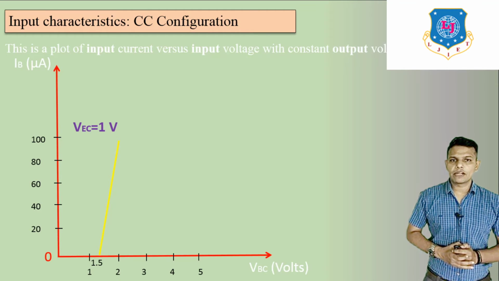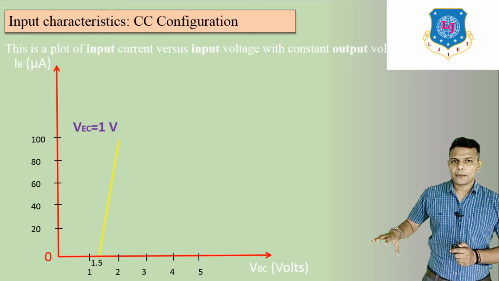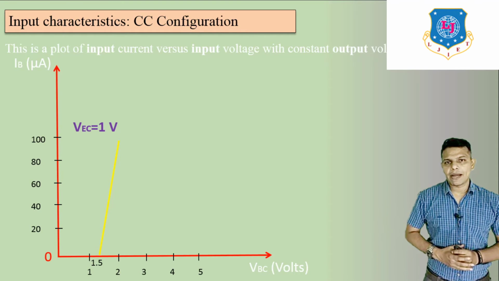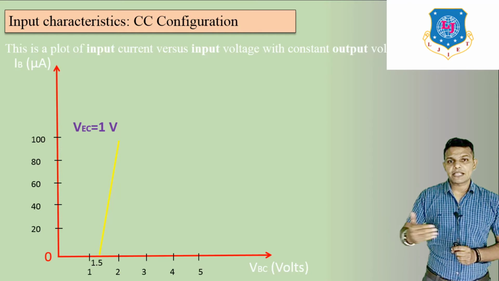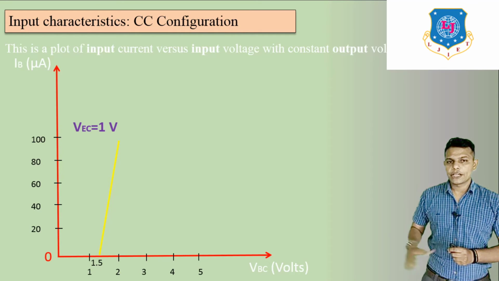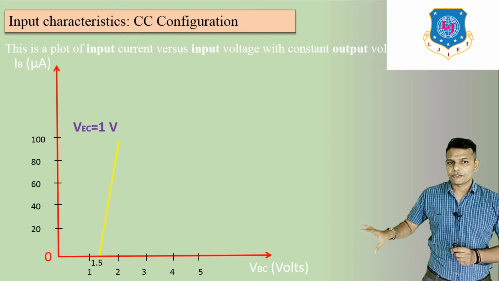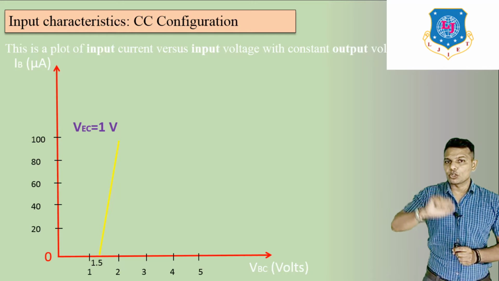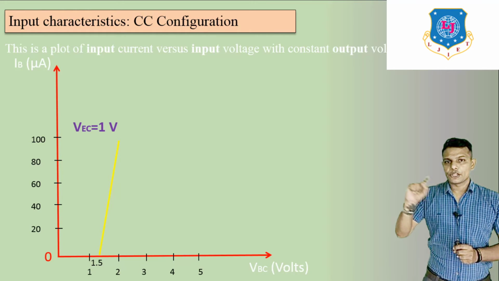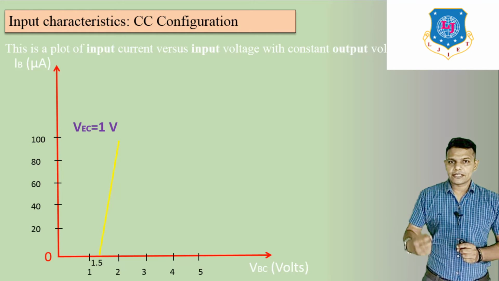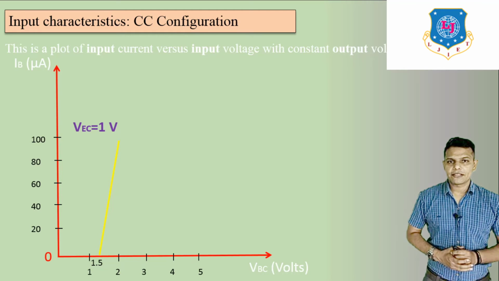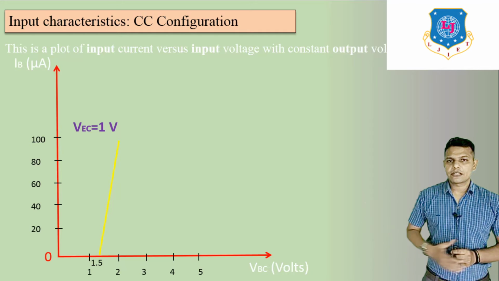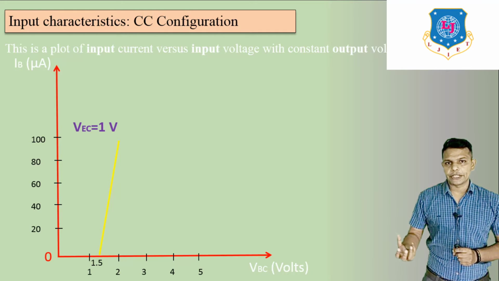VEC is equal to 1 volt because here we have to take VBE in forward bias. Then it becomes an amplifier. So if we increase VBC's value at constant VEC equal to 1 volt, then your VBE is in forward bias. Here we can see 1.5 minus 1, its difference is 1.5 volts.